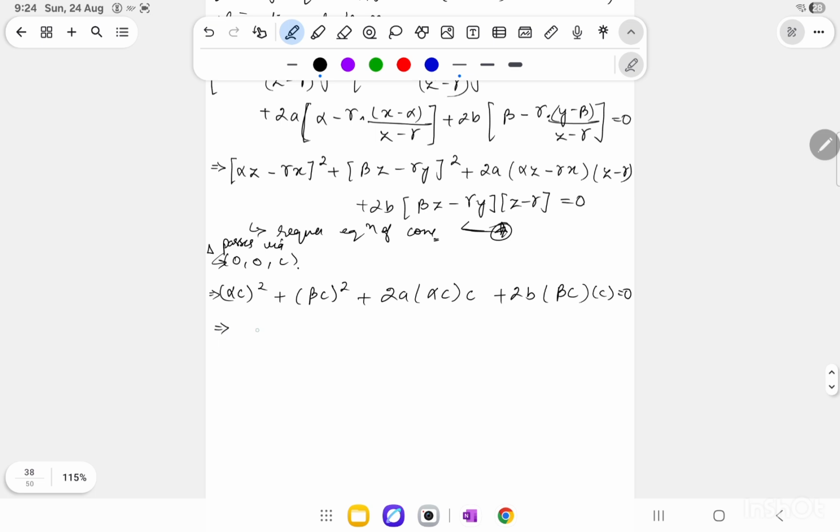If we solve it, we'll get c square into (alpha square plus beta square) plus c square into (2a alpha plus 2b beta) equals 0.